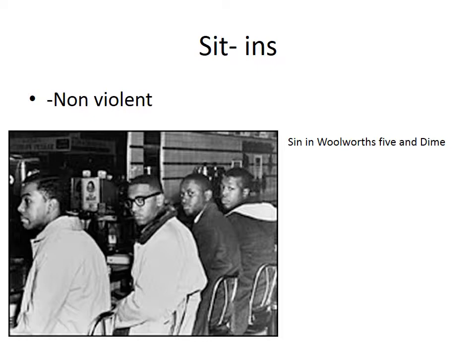So on the first day at Woolworth's, there were 4 men, and they stayed at the lunch counter till closing. The next day they came back and they brought 15 people, and by the third day they had 300, and then the next day they had 1,000. So sit-ins are going to spread across the country, and people are going to realize that this is something we need to address, and that separate but equal is not okay.